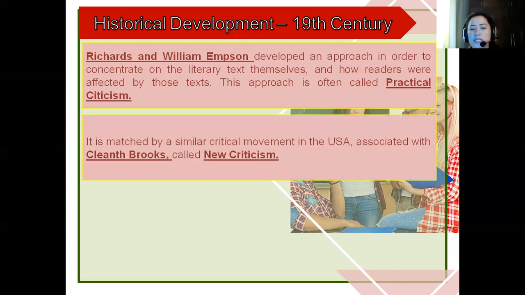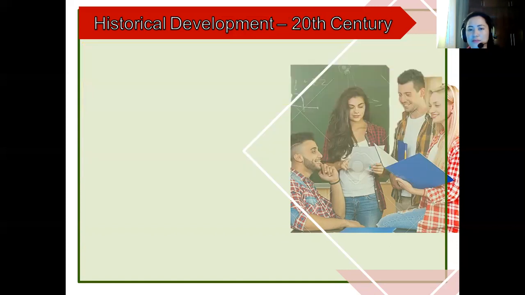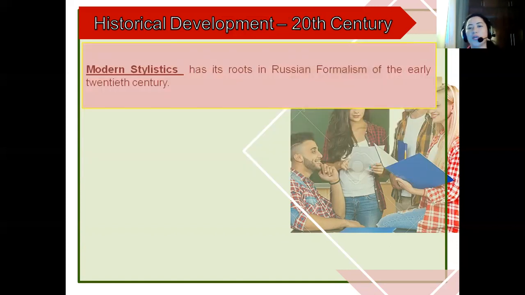Next, it is matched by a similar critical movement in the USA associated with Cleanth Brooks called New Criticism. This was developed in America while Richards and Empson developed the practical criticism in England. However, in the 20th century, modern stylistics has its roots in Russian formalism of the early 20th century.